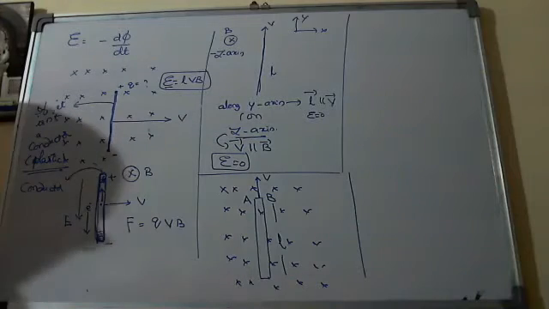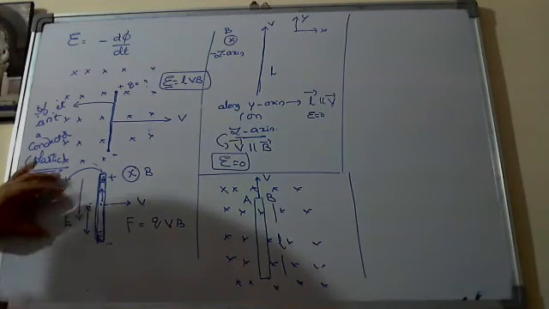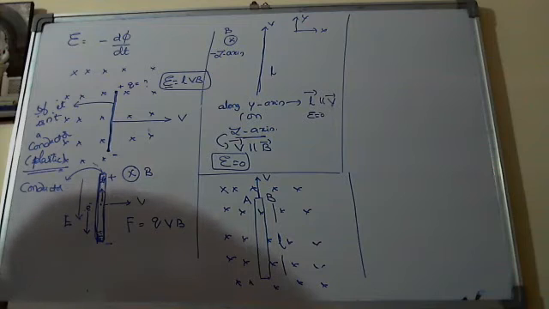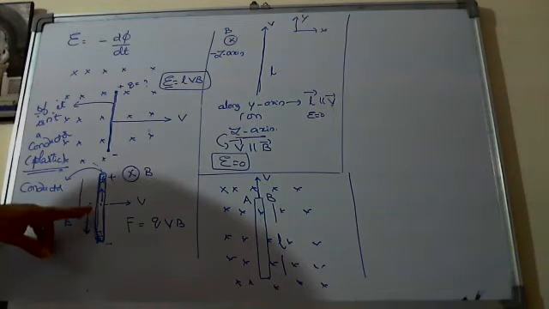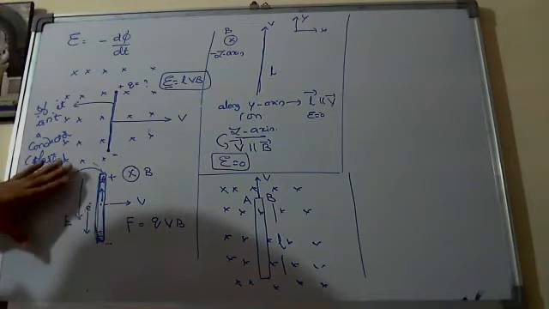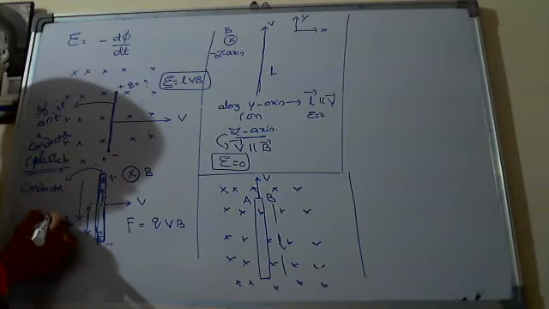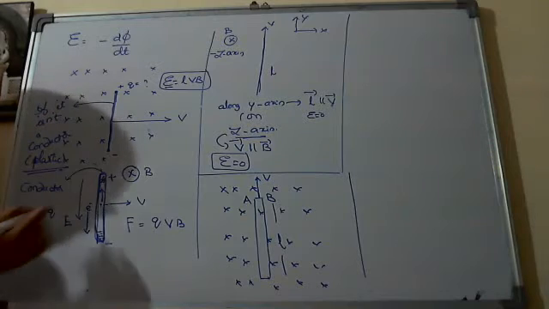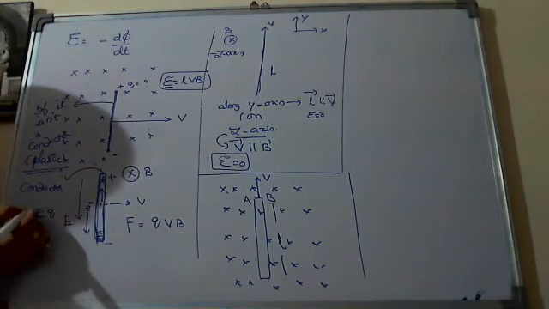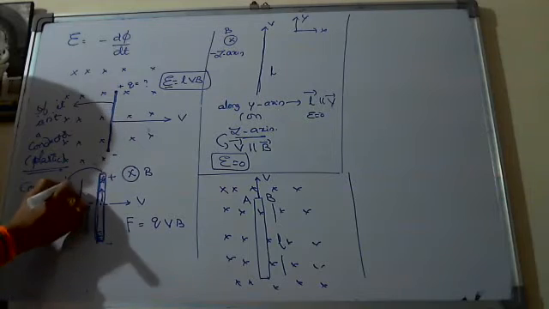This is the self electric field. Electrons are moving down, and by that only some electric field is formed. Then the electron experiences some electrostatic force, F equals EQ, where Q is the total charge accumulated here. And since it is a negative charge, the force acts on the negative charge in the electric field in the opposite direction.